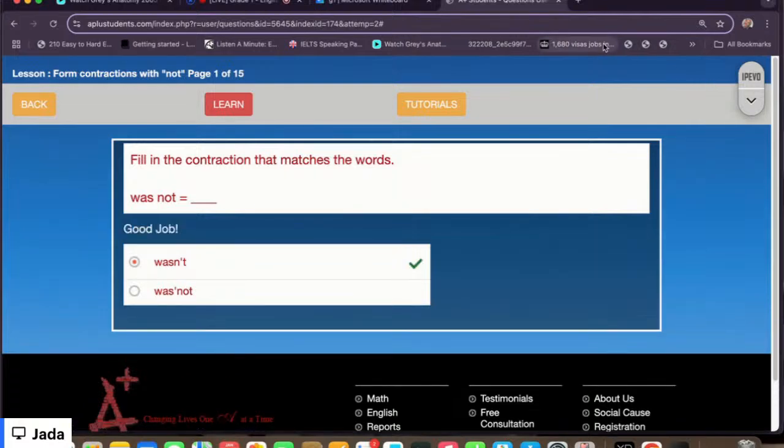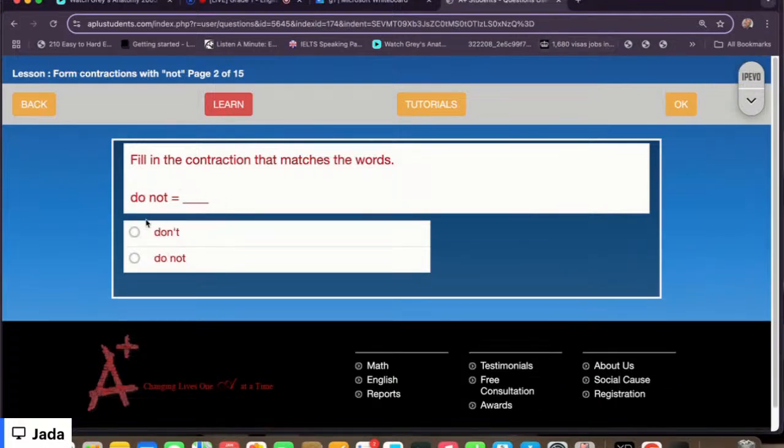Wasn't. So what about do not? What is the right one for do not?